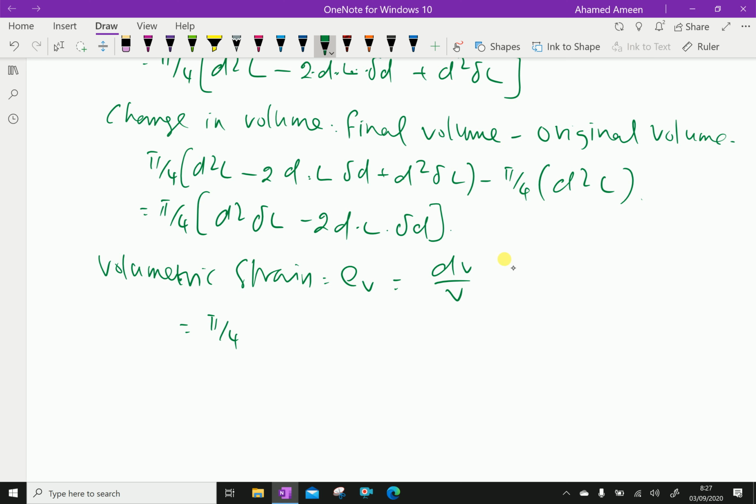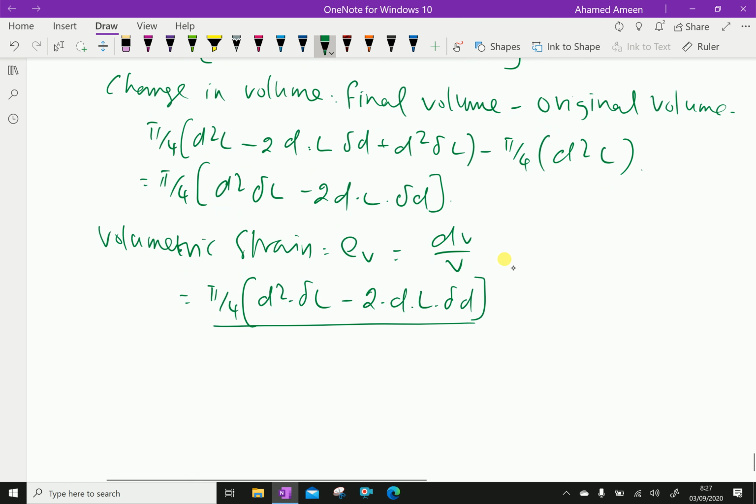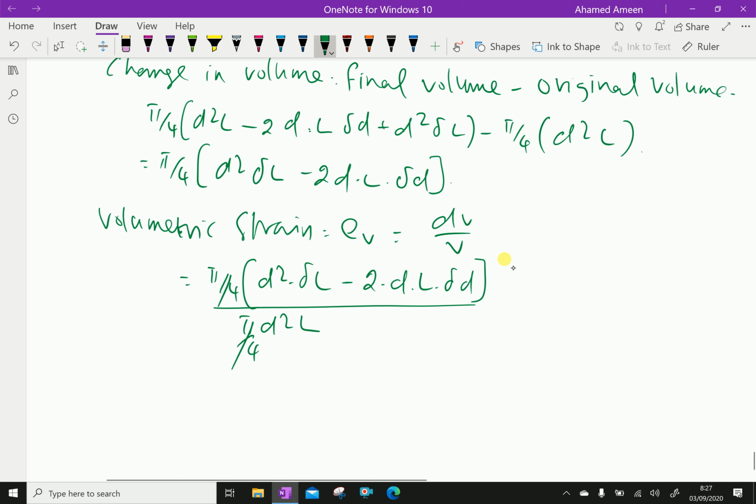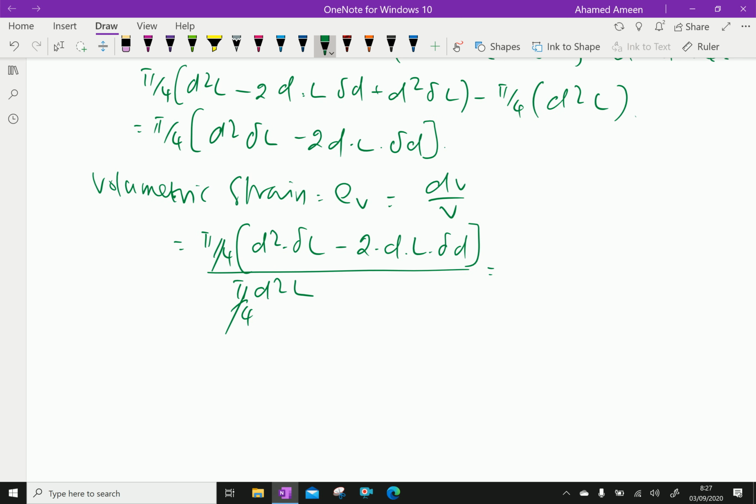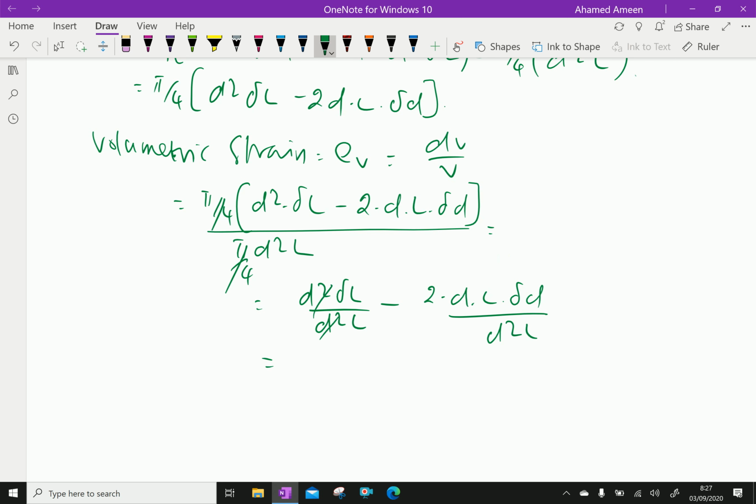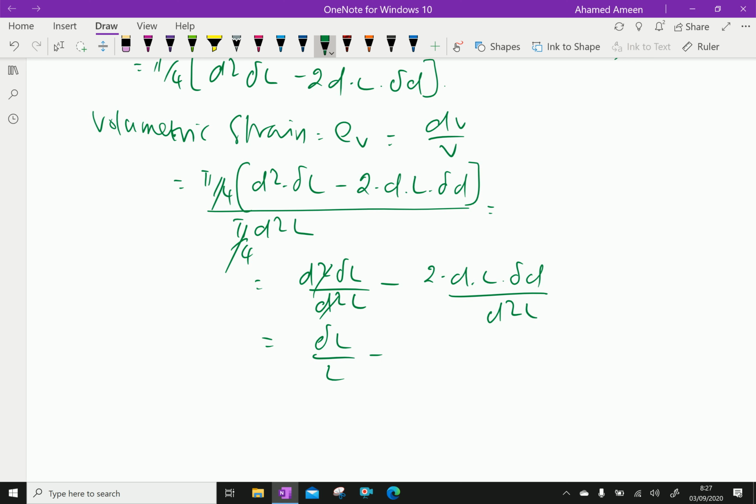Change in volume is pi by 4 times d squared delta L minus 2dL delta d, over V, which is pi by 4 d squared L. That pi by 4 cancels, and splitting, delta L by L minus 2 times delta d over d.